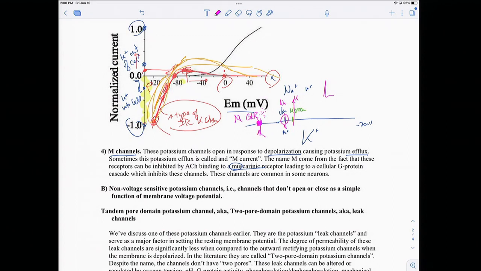Because again, these delayed rectifier potassium channels, they'll open up and stay open a little longer, but then they close down fairly rapidly. They certainly are open longer than the voltage-sensitive sodium channels. So this happens very quickly, and you can have a next action potential pretty rapidly after that.